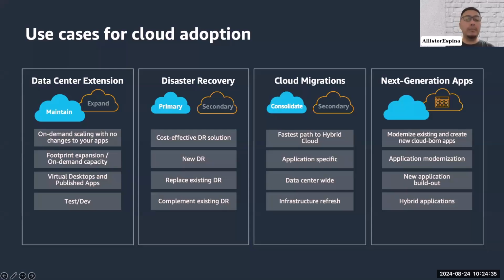And if you have a next generation application or a modern application, a new project, instead of building it on premise, you can start building it in the cloud to reap the benefits and the capabilities and functionalities that are available in the cloud. So these are the drivers of moving to the cloud.